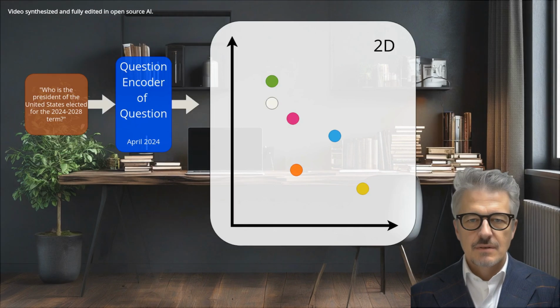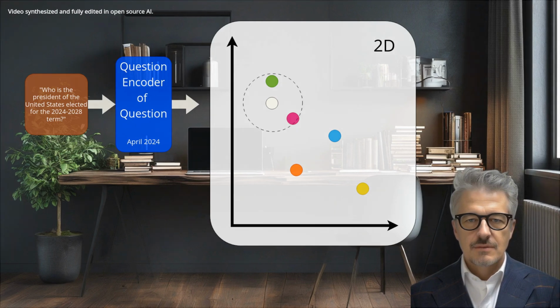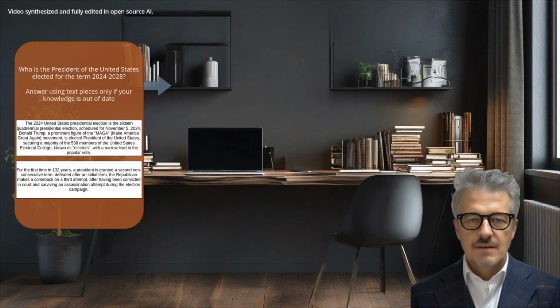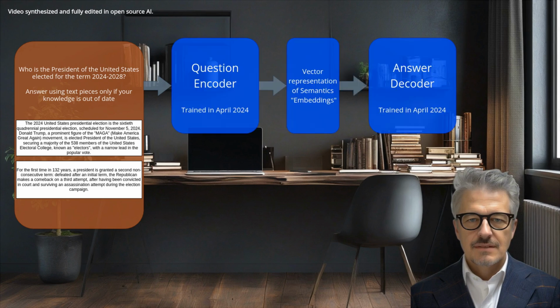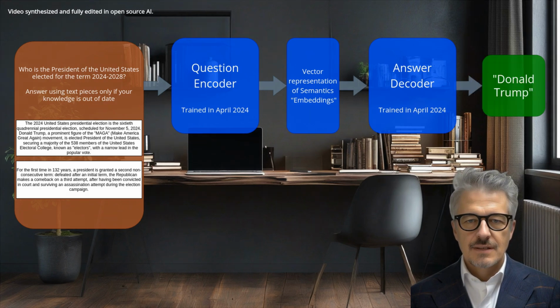Thus, using a mathematical distance, we find the text passages that most closely match the question. In a final prompt, we can then add to the question the most relevant pieces of text from Wikipedia related to the question. Thus, the transformer trained until April 2024 can then correctly answer a more recent current affairs question.